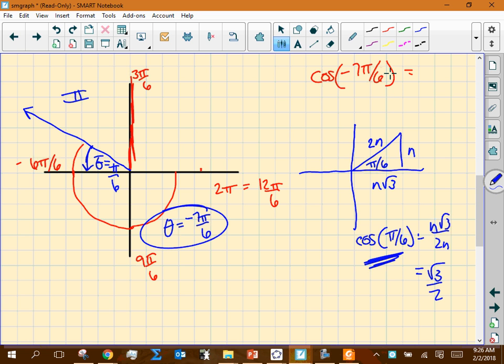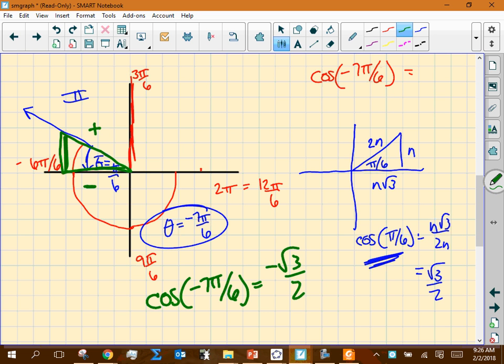Because if we go back and look at this triangle here, cosine is adjacent divided by hypotenuse, right? It's a negative distance now in the second quadrant divided by a positive. So cosine of negative 7 pi over 6 is equal to negative root 3 over 2.